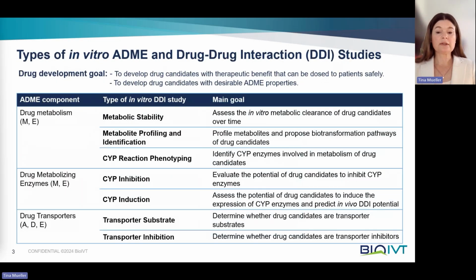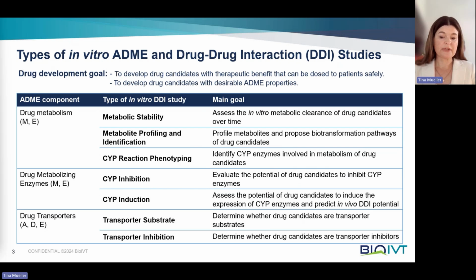Before we go into the details, let's understand where CYP or cytochrome P450 enzyme inhibition fits within the typical in vitro drug-drug interaction studies, or short called DDI, for small molecules. The main objective of drug development is to create drugs that are both safe and effective for patients, and that requires developing drug candidates that have desirable ADME properties.